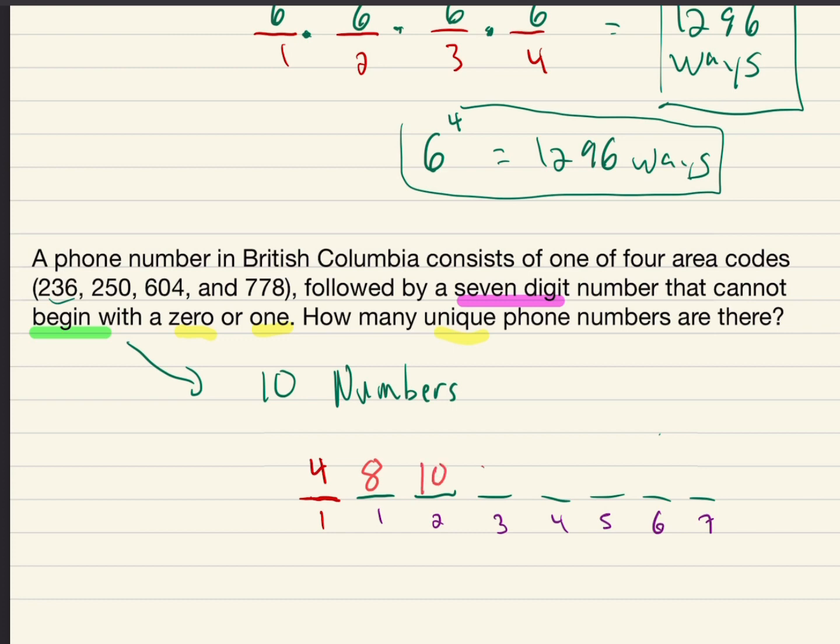So the rest of them will have all 10 options available to them, and that's because repetition is allowed. So we would go 4 times 8 times 10 times 10 times 10 times 10 times 10, and that would give us a total of 32 times 10 to the 6 unique phone numbers.